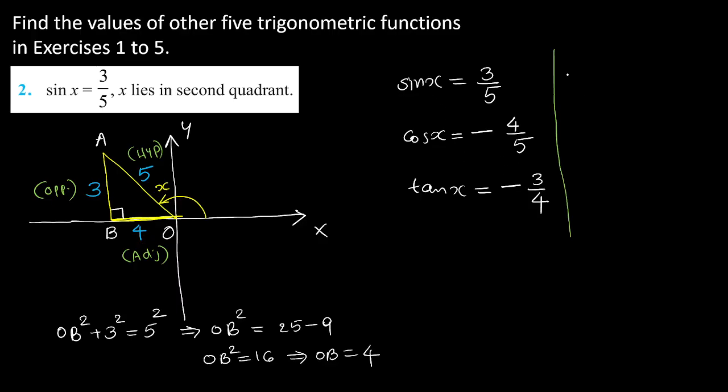Cosec x is the reciprocal of sin x, which is 5 by 3. Sec x is the reciprocal of minus 4 by 5, which is minus 5 by 4. Cot x is the last one, the reciprocal of tan x. That is minus 4 by 3.